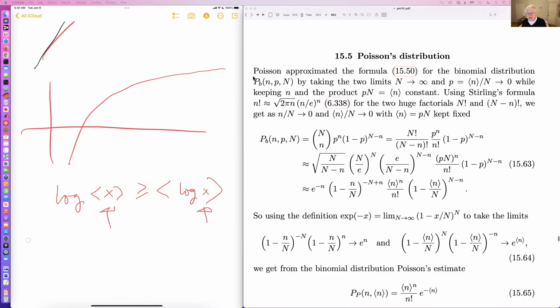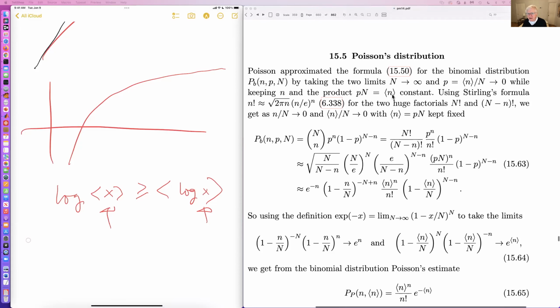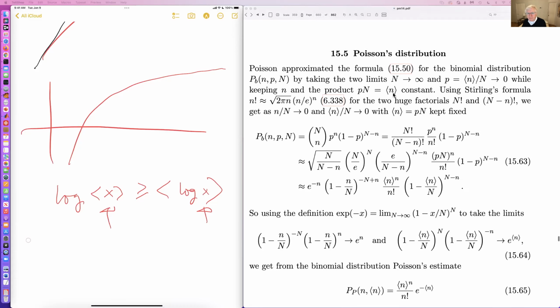He said, look, let's take the binomial distribution in two limits. One, a huge number of tries, capital N, and a tiny, tiny probability, namely the average number of successes divided by the average number of tries, make that really, really small, but keep Pn constant as little n, the average value of n.